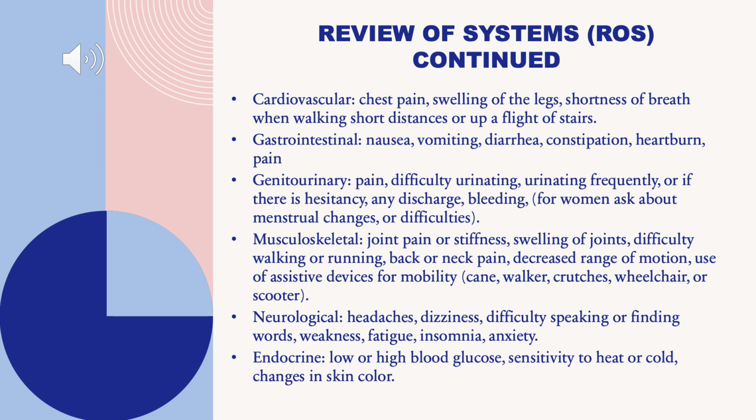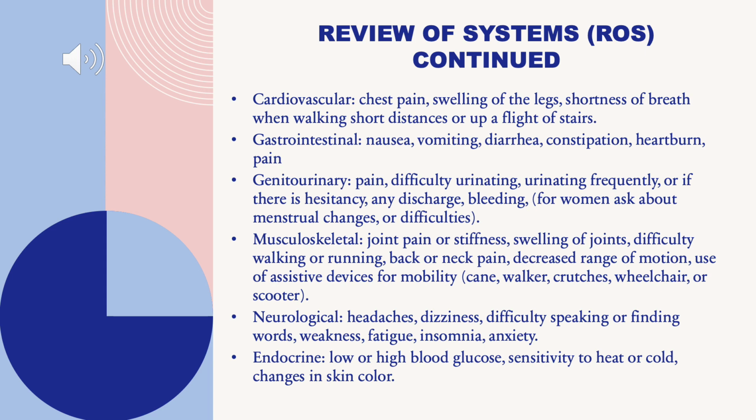Musculoskeletal: joint pain or stiffness, swelling of joints, difficulty walking or running, back or neck pain, decreased range of motion, use of assistive devices for mobility such as cane, walker, crutches, wheelchair, or scooter.